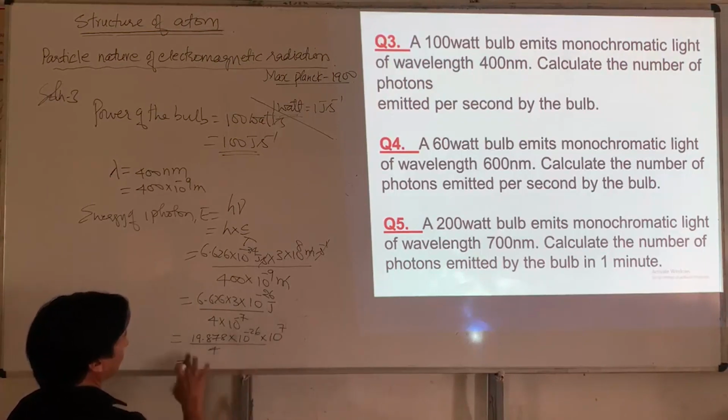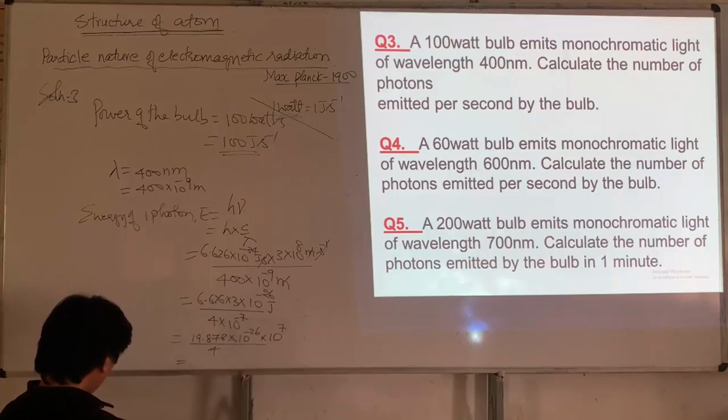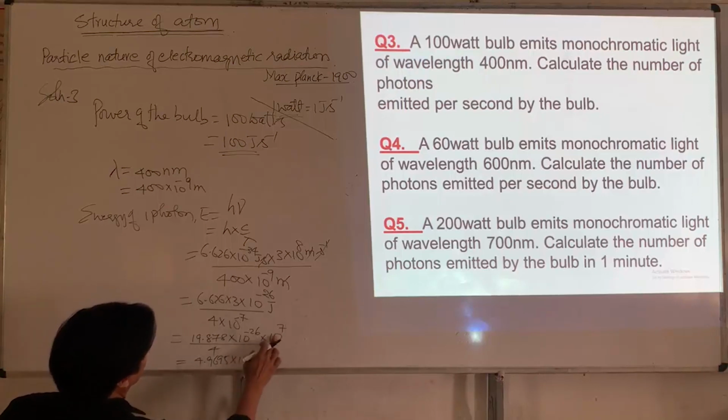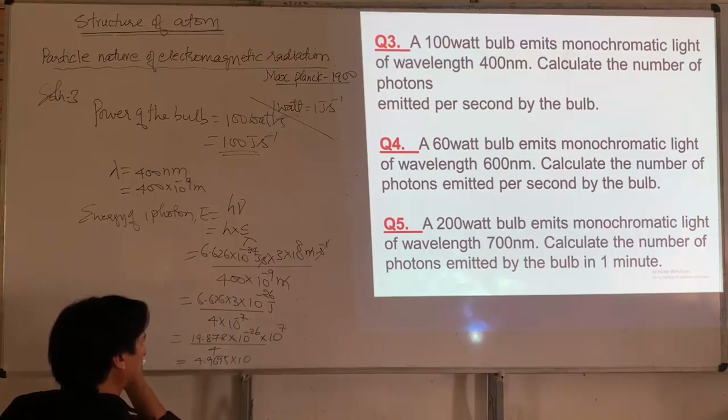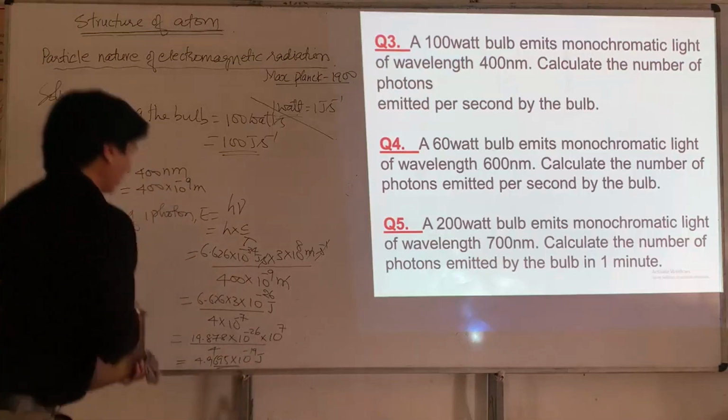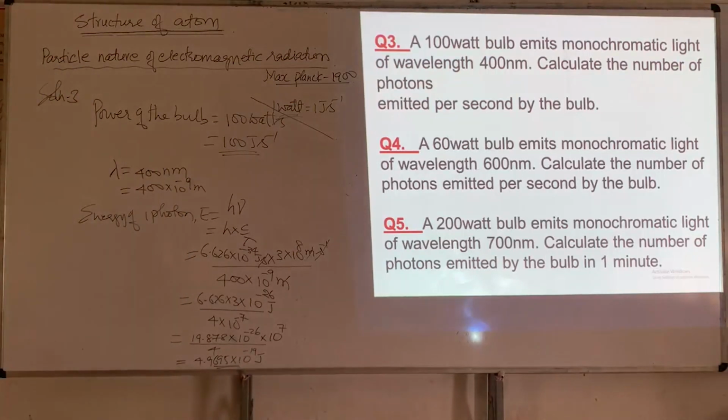When you divide this by 4, you get 4.9695 into 10 raised to the power negative 19 joules. So this is now the energy of 1 photon.